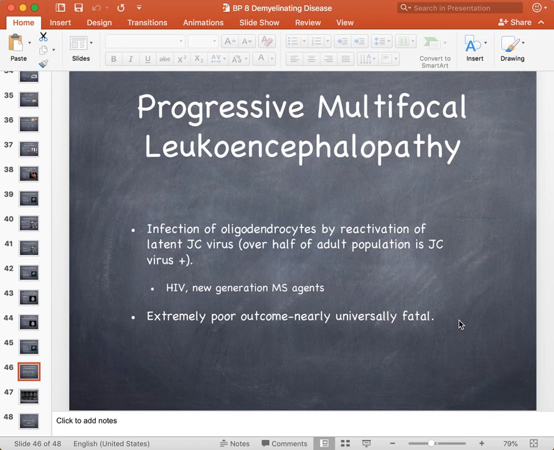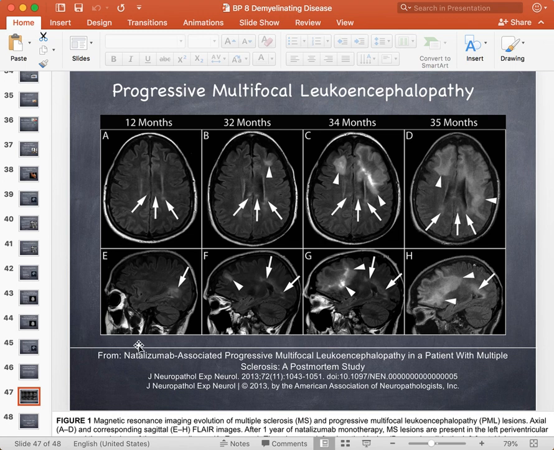As we go from one to three years, you can see this emergence of white matter lesions that end up being very confluent, progressive, and ultimately taking up much of the white matter. And this is natalizumab-associated PML.